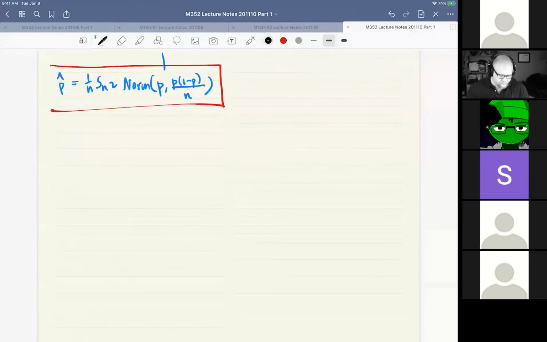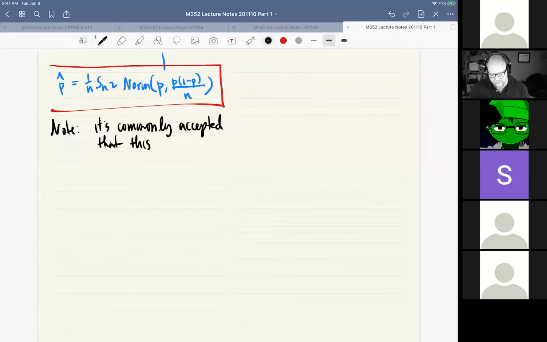Before I do an example, let's make a note. It's commonly accepted that this approximation works when... okay, I haven't finished my sentence yet.